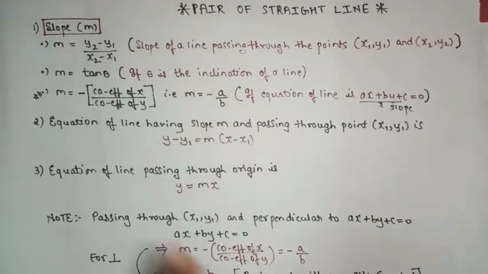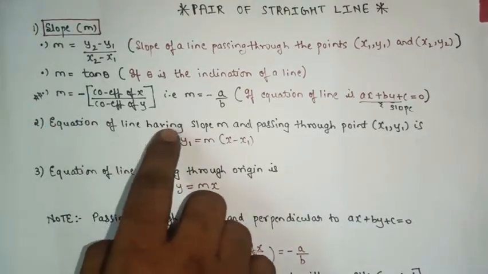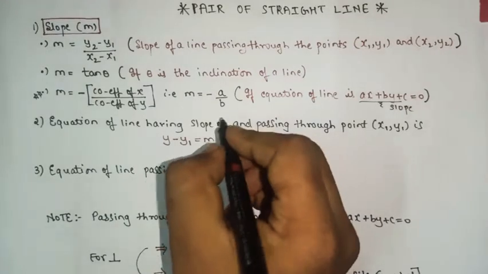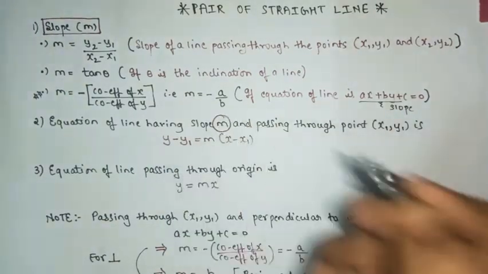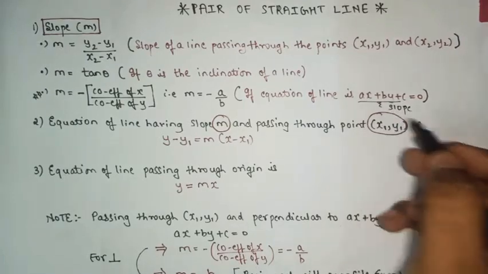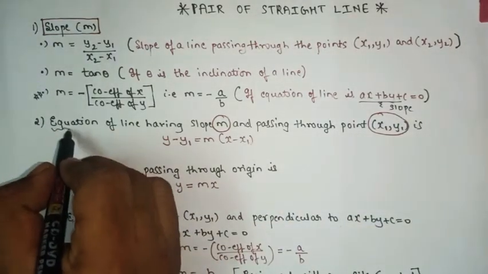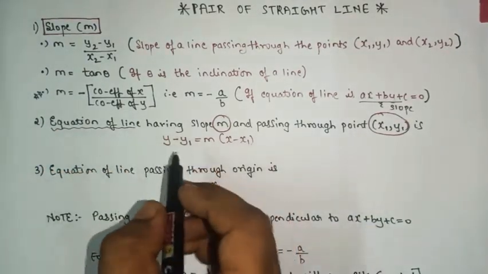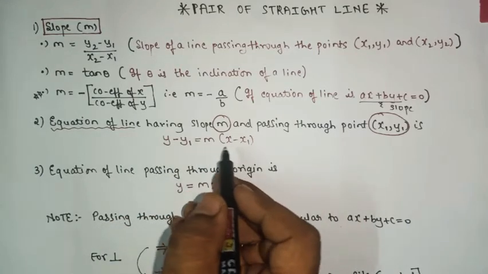The next one is the equation of a line having a slope. When you have a slope m, and the line is passing through a point x1, y1, the equation of the line is represented by y minus y1 is equal to m times x minus x1.